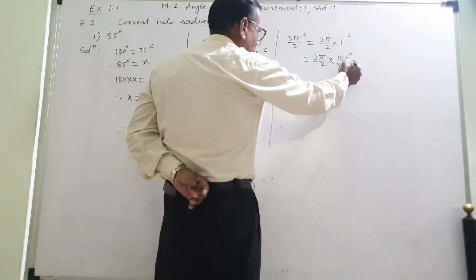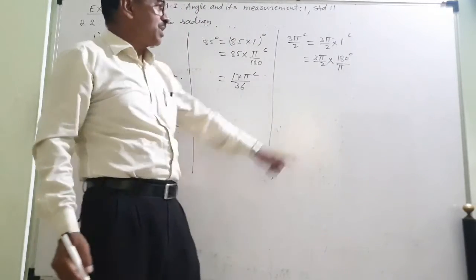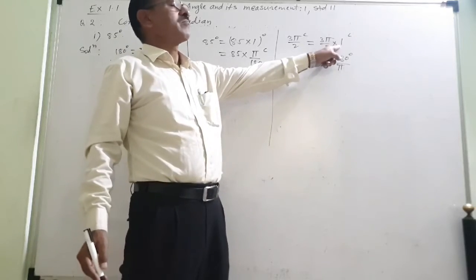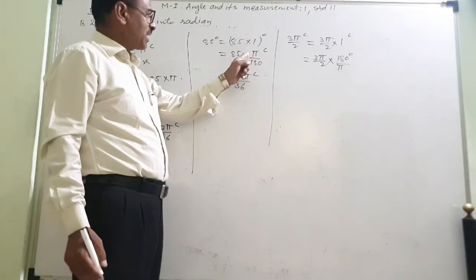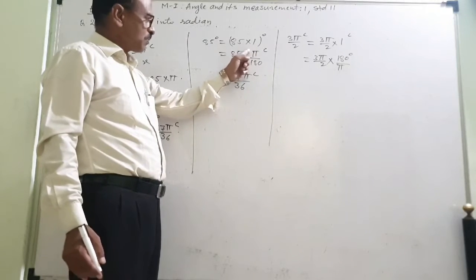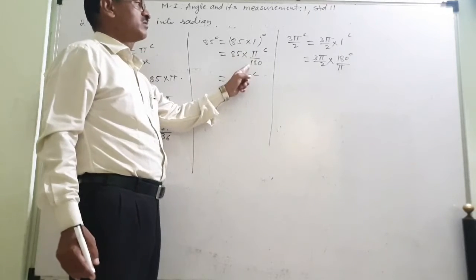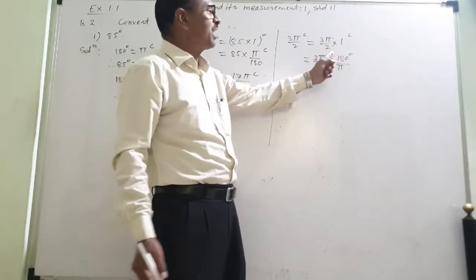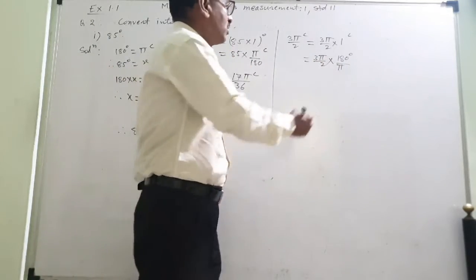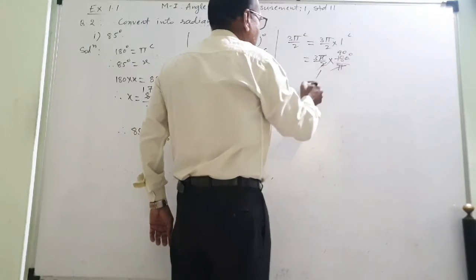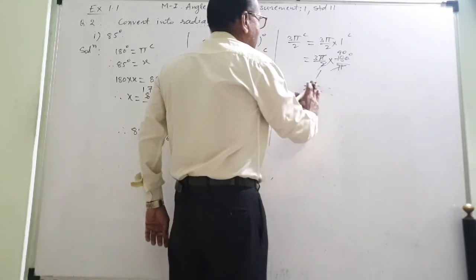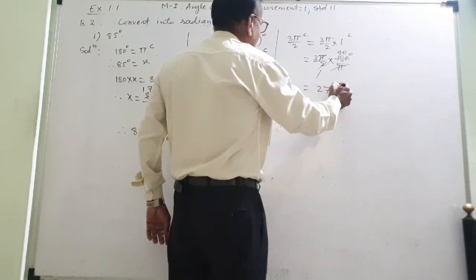So 180 upon pi is again 1. Here also it was 1. Earlier I wanted radian, so I needed pi. So pi upon 180 is 1. Now I want degree, so 180 degree will go up and pi will come down. So this pi cancels, 2 1s are 90. That is equal to 270 degree, 9 3s are 27.